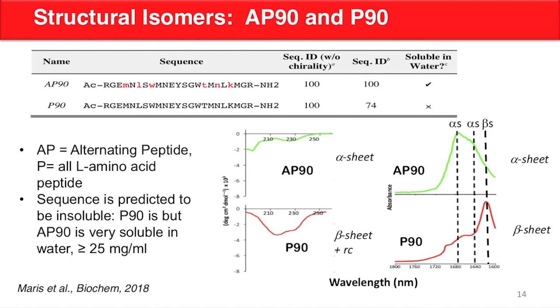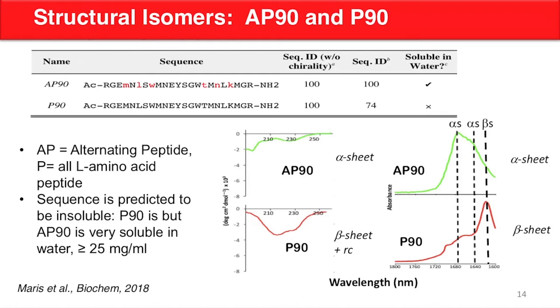On the left-hand side of the graphs, we've got circular dichroism spectra. And we predict, because of the alternating right and left-handedness, the chirality, that we should get a null spectrum from AP90, which we essentially do. P90, however, forms a spectrum more characteristic of beta sheet structure with a bit of random coil.